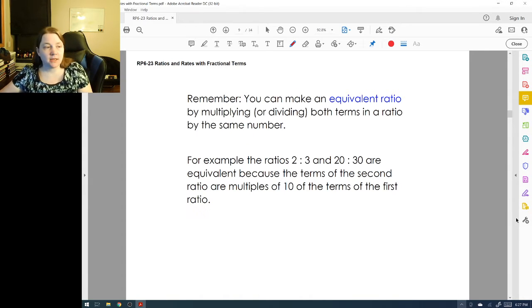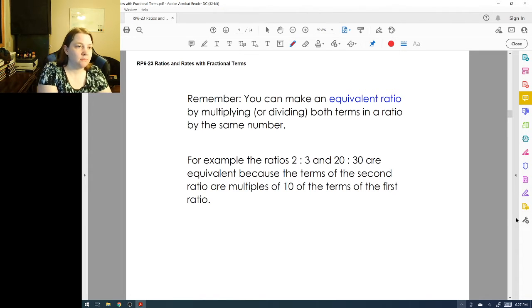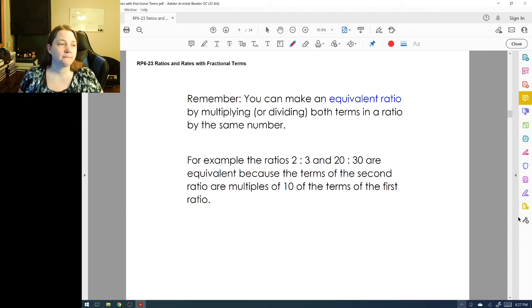Remember that you can make an equivalent ratio by multiplying or dividing both terms in a ratio by the same number. For example, the ratios 2:3 and 20:30 are equivalent because the terms of the second ratio are multiples of 10, looking at the first ratio.